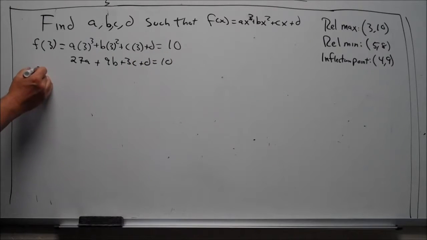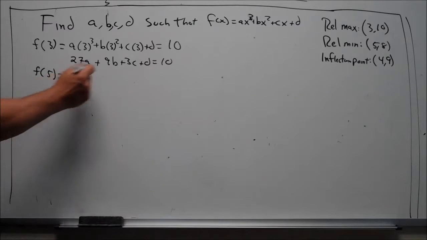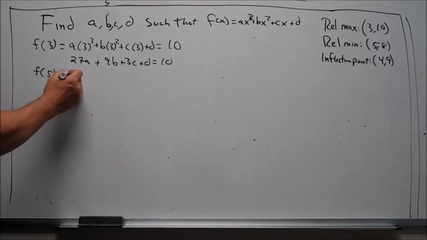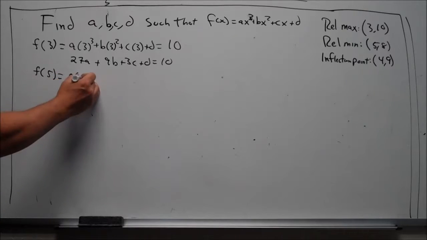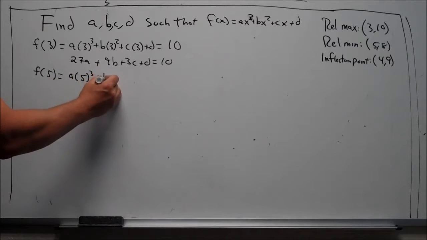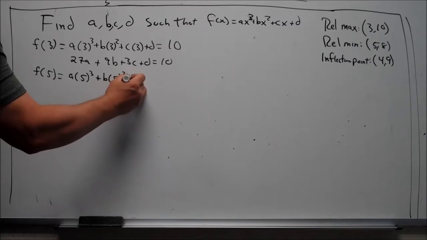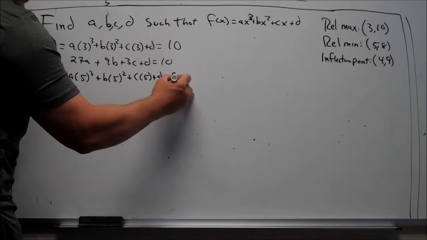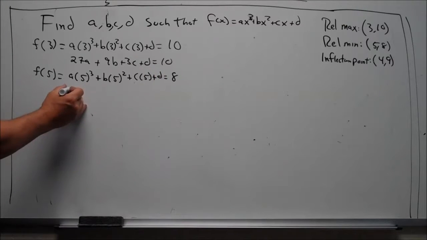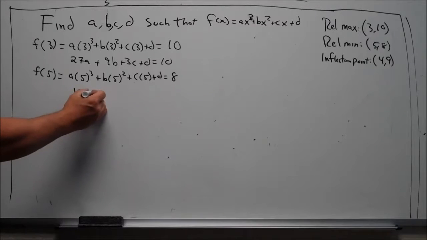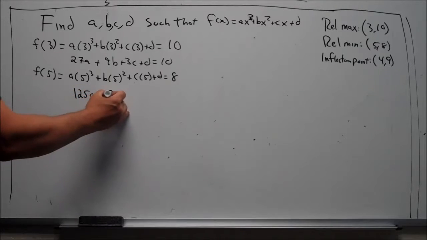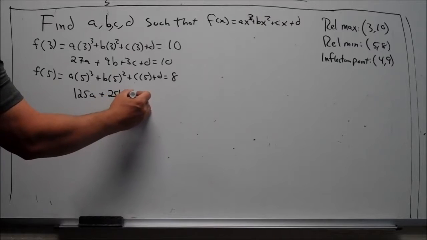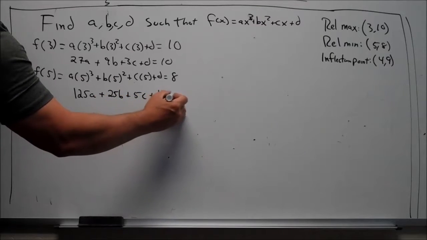We also know that f of 5 is going to produce 8. So if I put 5 in for the x's, I get 8. A times 5 cubed plus b times 5 squared plus c times 5 plus d equals 8. So what we have here is 125a plus 25b plus 5c plus d equals 8.